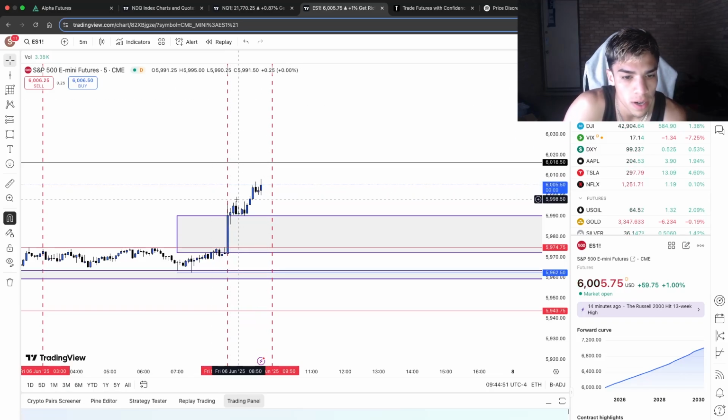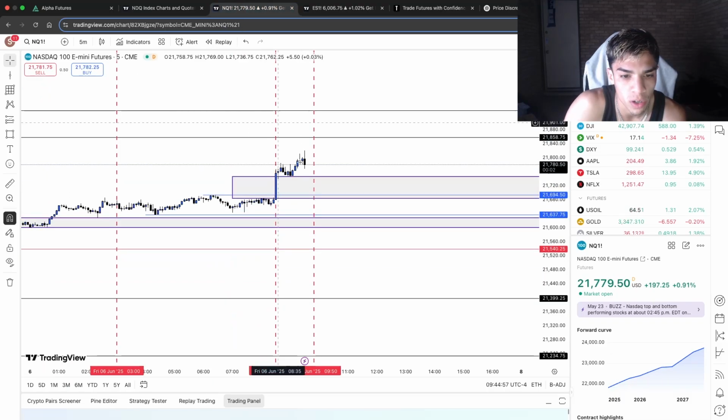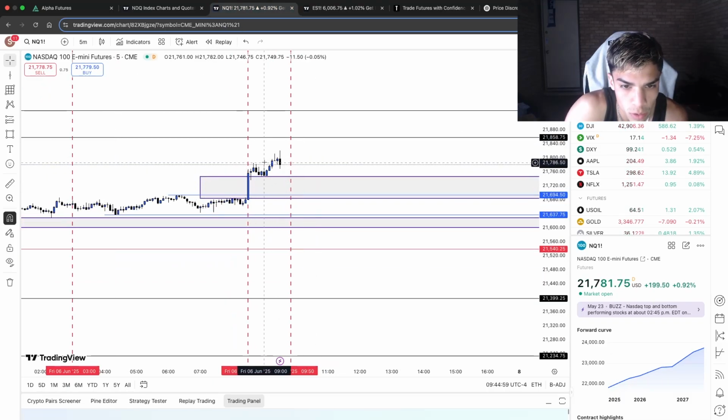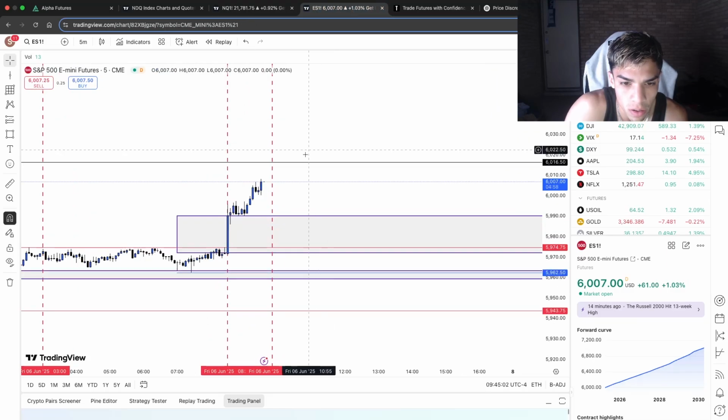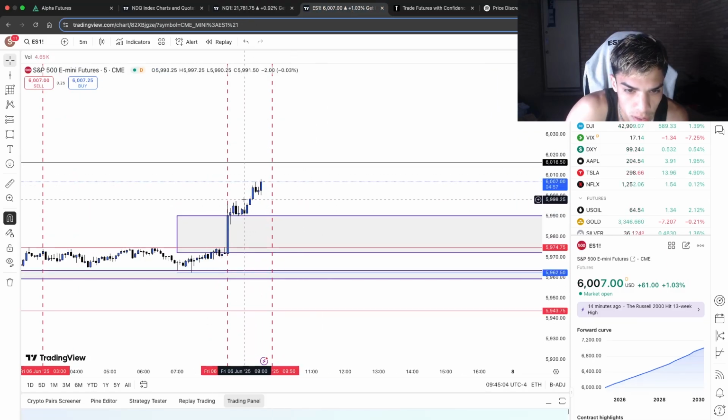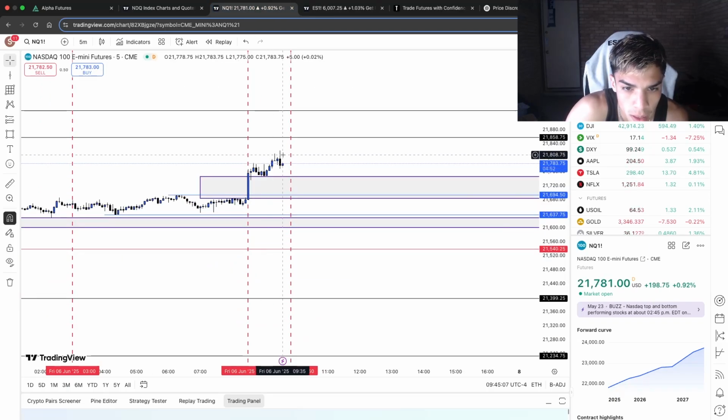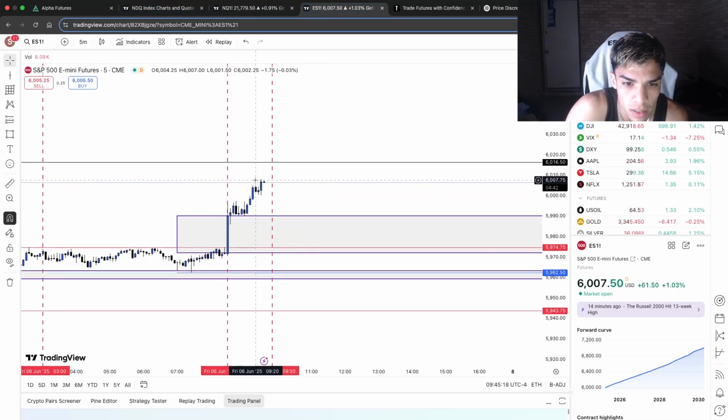And then it broke structure right here on this candle, so we're still in an uptrend. Broke structure here. Now the most recent high is this one right here. And then over here, the most recent high is this one.